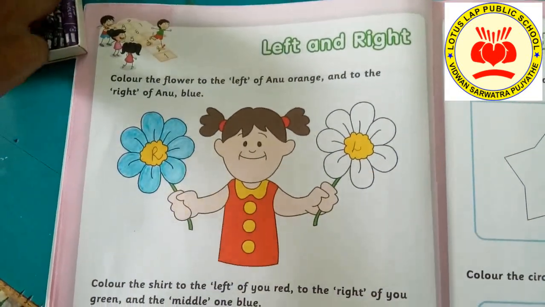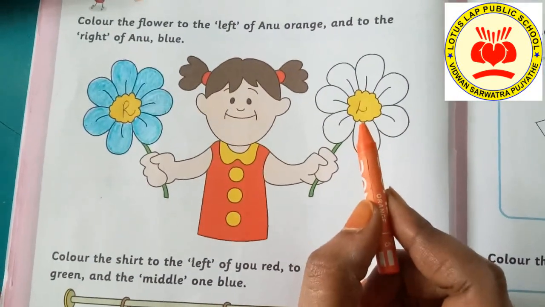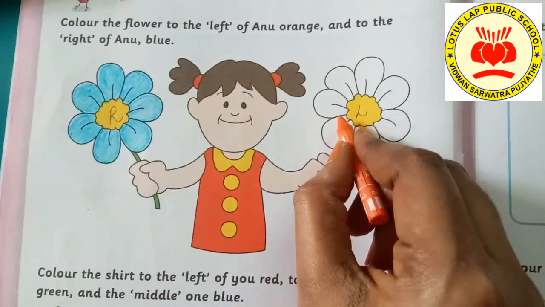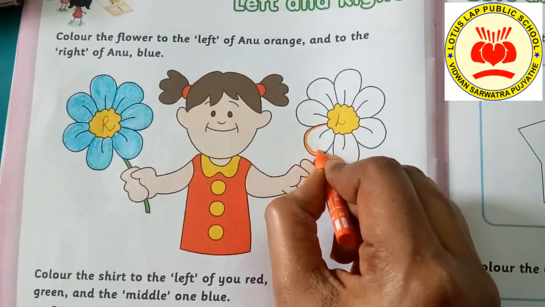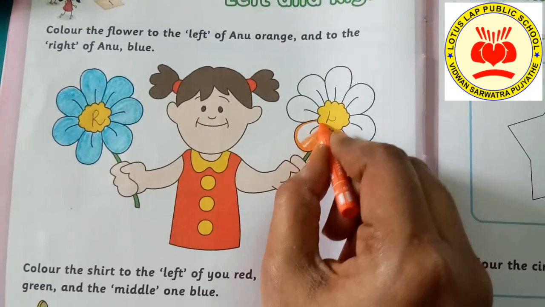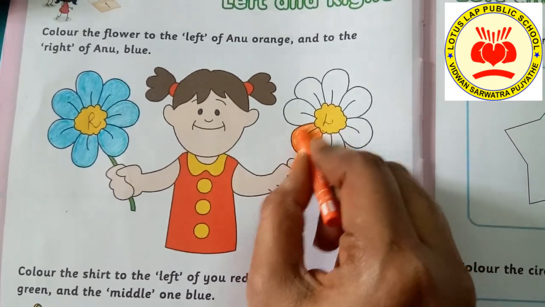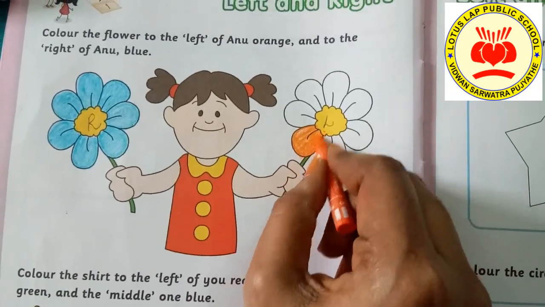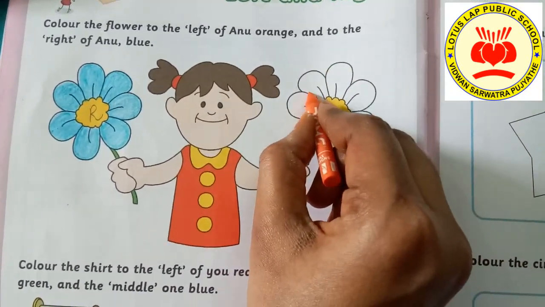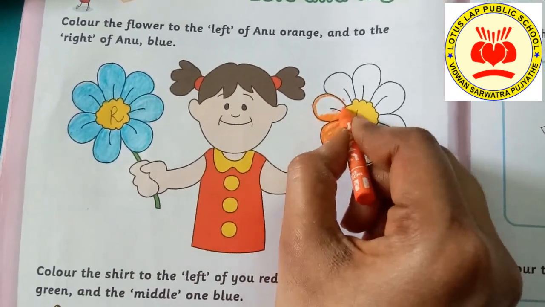Now you know this is orange color, right? The same way you have to color, children. Slowly. Can you give me any example of orange color? There is a fruit with the same name, orange. You like it, right?